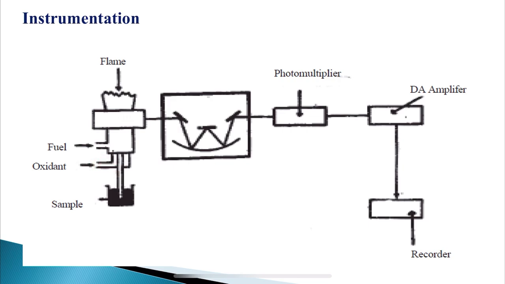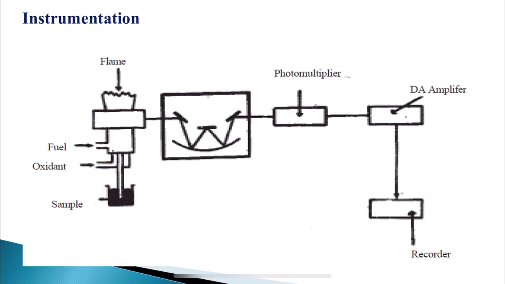The function of this nebulizer is to produce a mist or aerosol of the test solution. Mist or aerosol means it will be in the middle state, not in a liquid state and not completely in a gaseous state, but in between liquid and gaseous state. That is what is called a mist or aerosol.